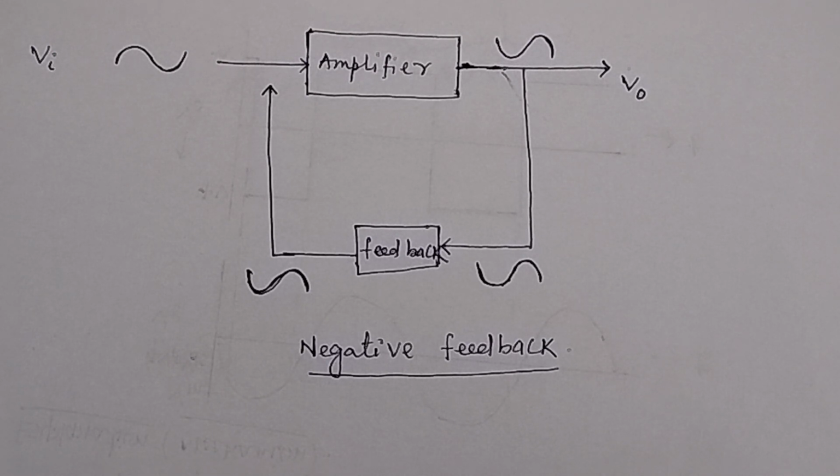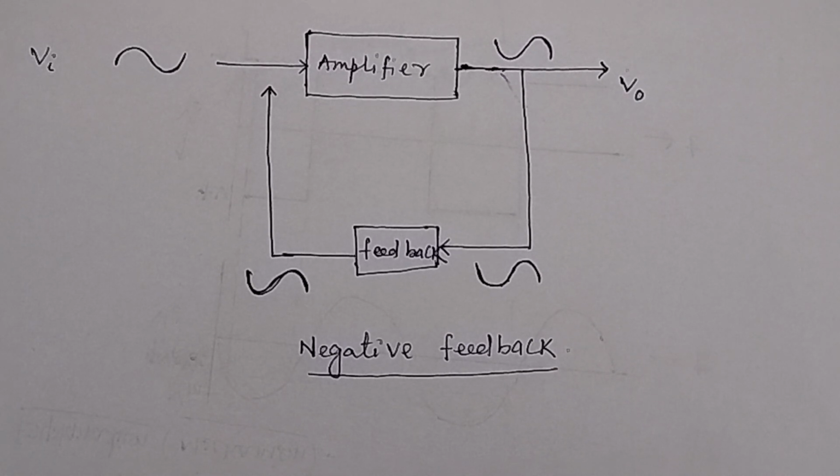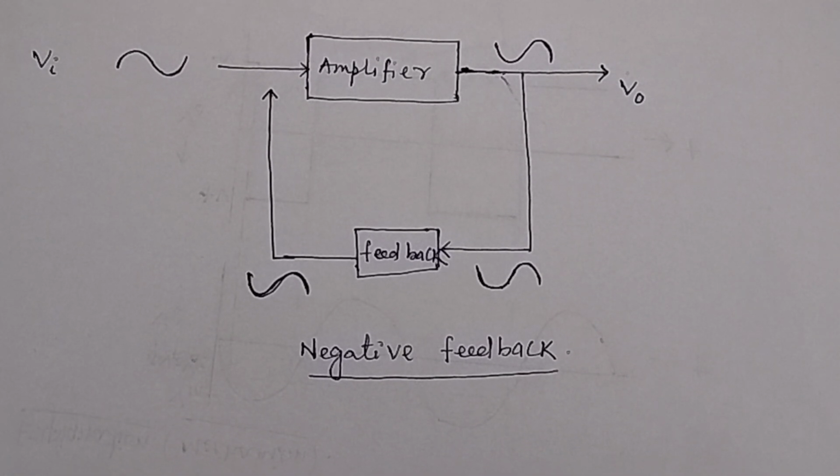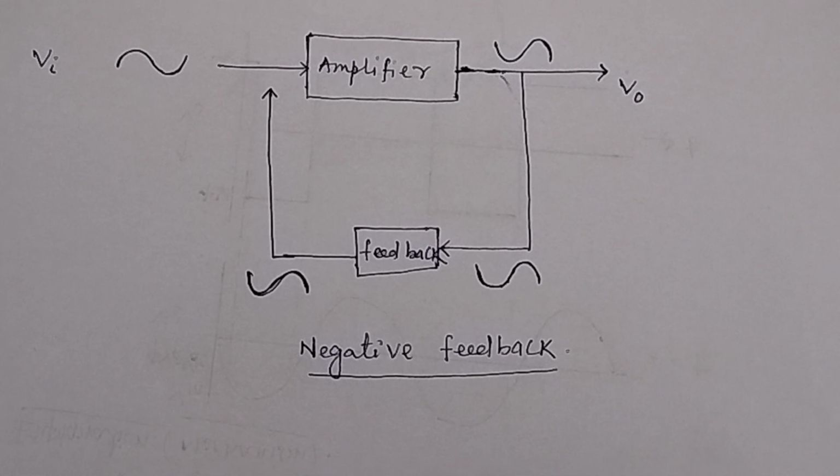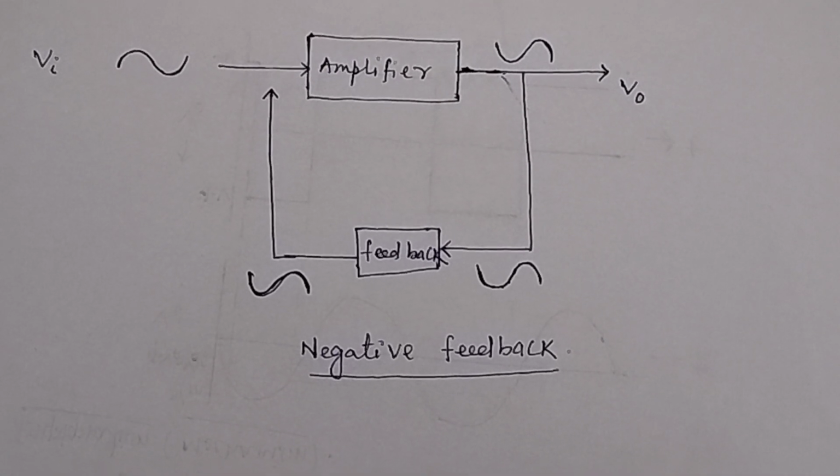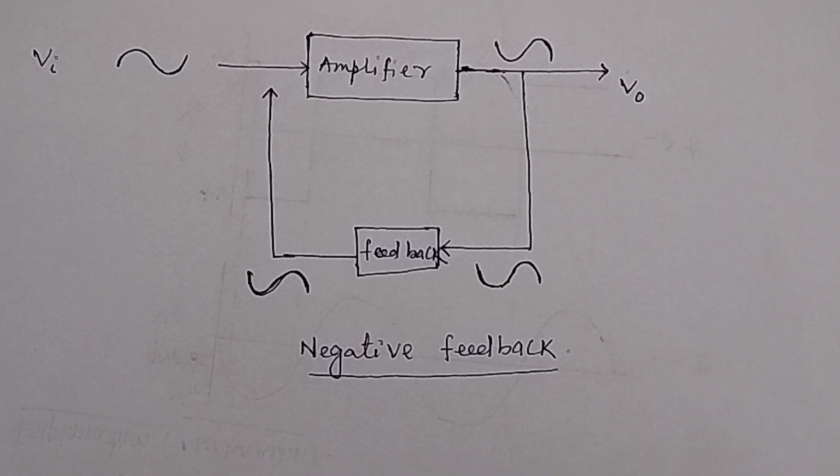Because positive feedback increases distortion. But positive feedback is also sometimes used in narrow band amplifiers, that is radio frequency amplifiers. Where is positive feedback used? Positive feedback is used in oscillators, but negative feedback is used in amplifiers.